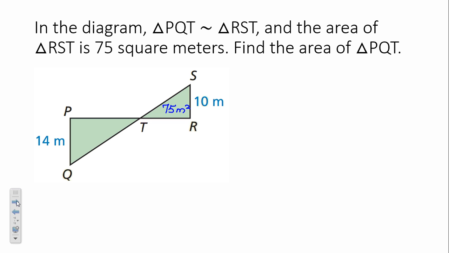So how are we writing our proportion? Small to large or large to small? Large to small. All right, so 14 over 10, because 14 is PQ, 10 is RS, their corresponding parts. How do we reduce that? Divide by 2, they're both even.